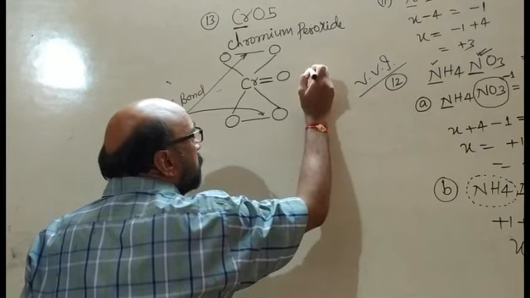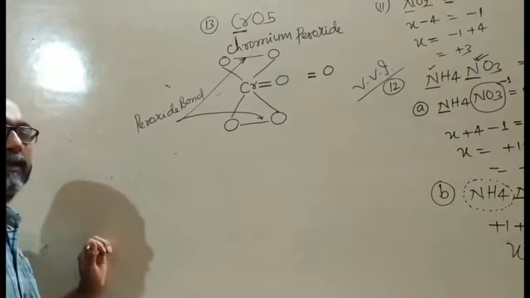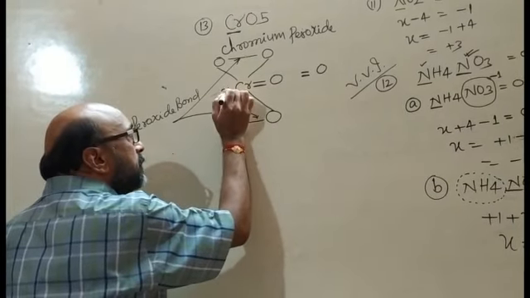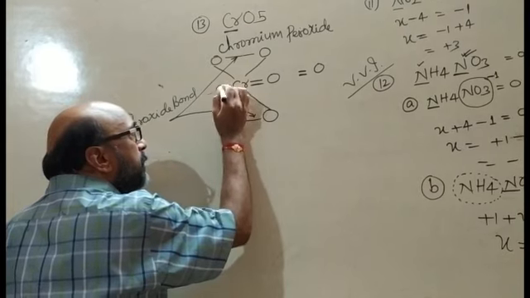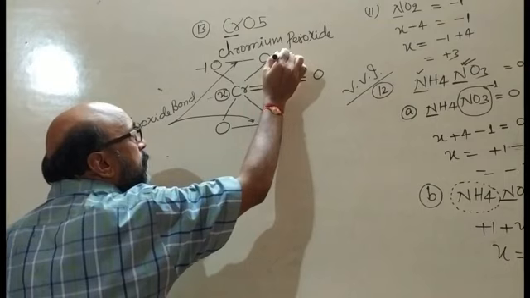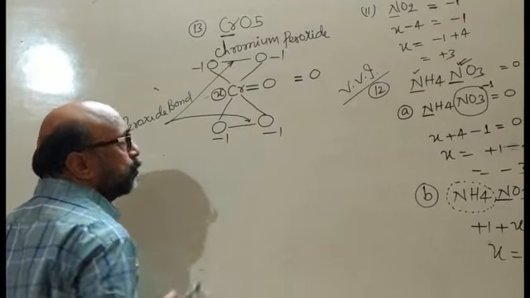As a whole, the total sum of the oxidation states of all elements in this compound is equal to 0. Consider the oxidation state of chromium is X. We shall use -1 for each of these peroxide oxygens: -1, -1, -1, -1.